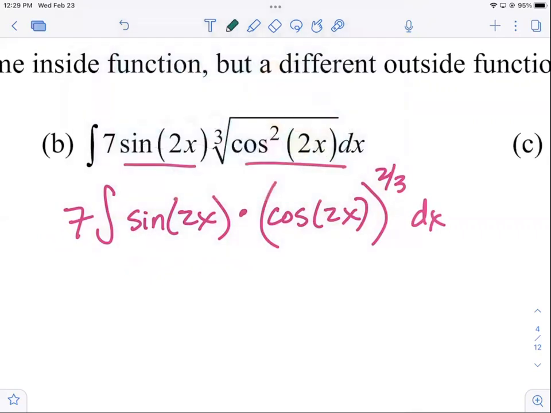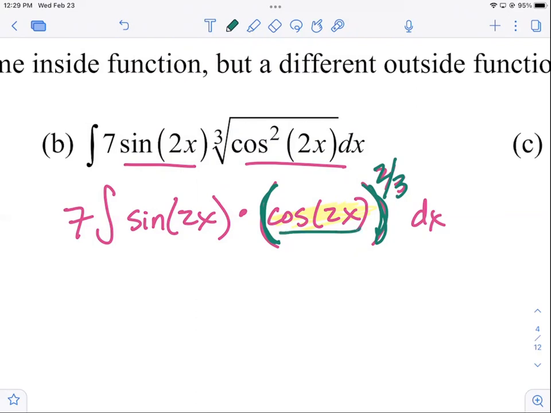Second factor obviously looks more complicated. So if you walk up from the outside, you say, what's up, blob to the 2/3? And that's your outside function. So your inside function is probably cosine of 2x. Let's see. At this point, you don't just jump right into the antiderivative using the outside function. You always check. The first part of these types of problems is to actually take a derivative.